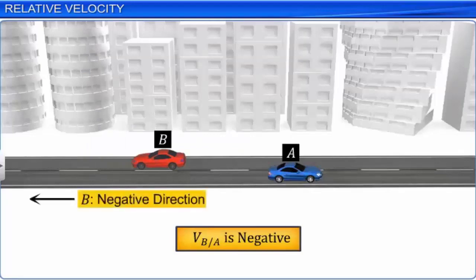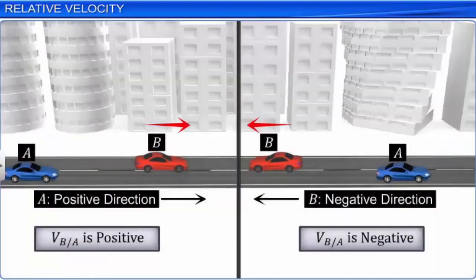This concept can be applied to determine the relative distance and relative velocity. Let us consider a few cases where two cars are traveling on a straight road with varying velocities.